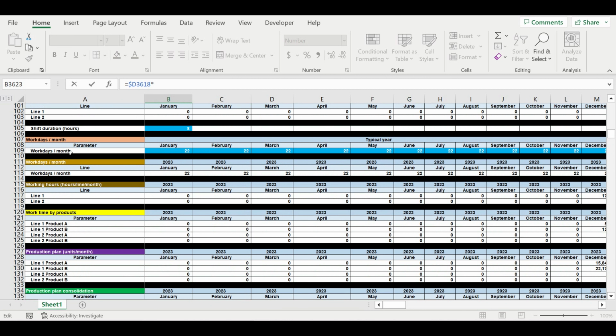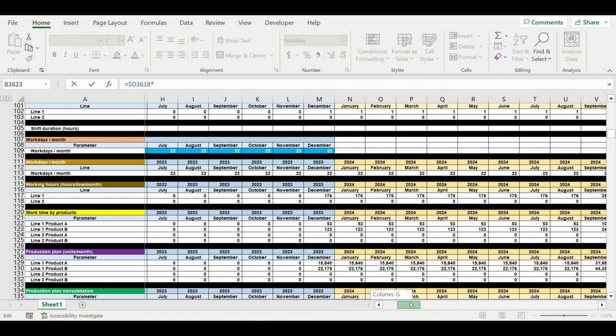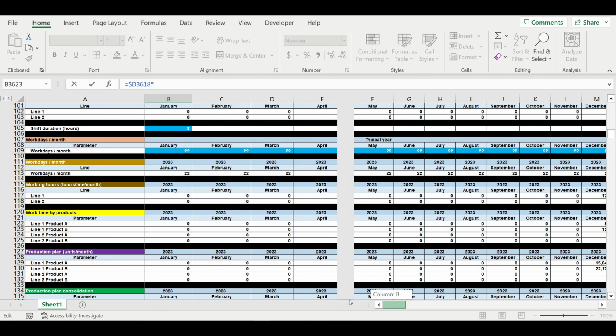Work days month, hours line month. So we need 117 and 118 lines. Yes, and then these hours are split by product A and product B. So I will take working hours from here, then I'm pressing enter.